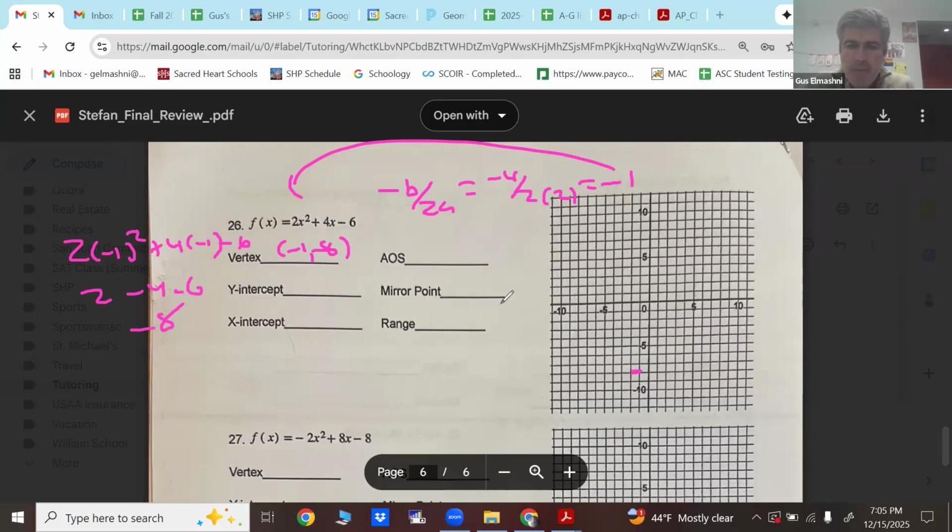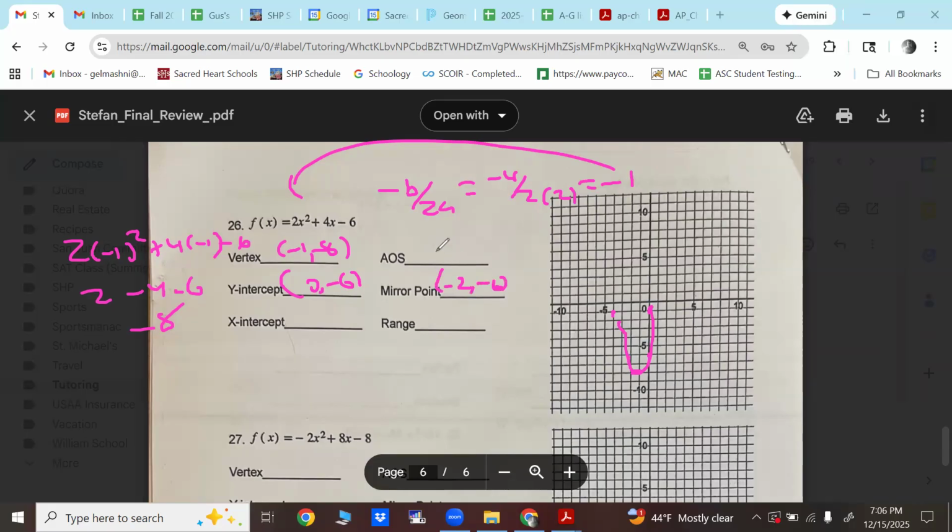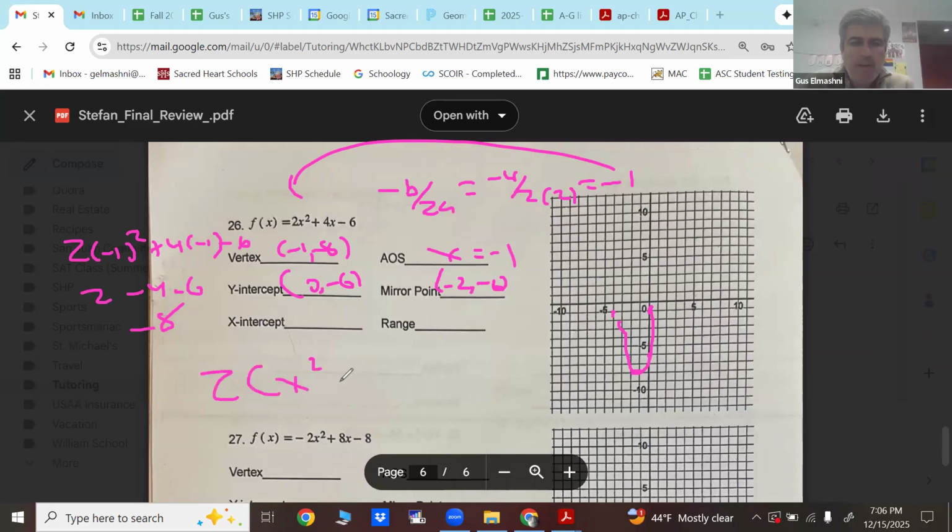Once you do that, then you could plug in other points like 0, comma negative 6. You have symmetry. Y-intercept's easy. We already got that. The symmetric point, you could do like negative 2, negative 6. X equals negative 1. X-intercept is factoring and solving, which I know you can do already. So not too worried about that.